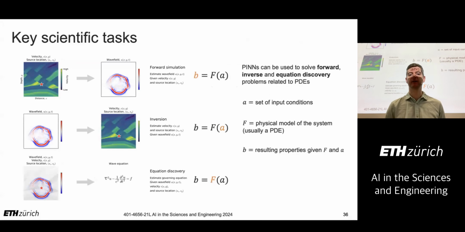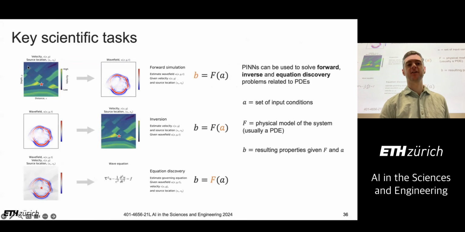So let's just go back to the key scientific tasks that we often want to solve. And this is a slide I showed in the course introduction. This is just an example using the wave equation. So the example of seismic simulation, but you can take any PDE and there would be similar tasks associated with it.